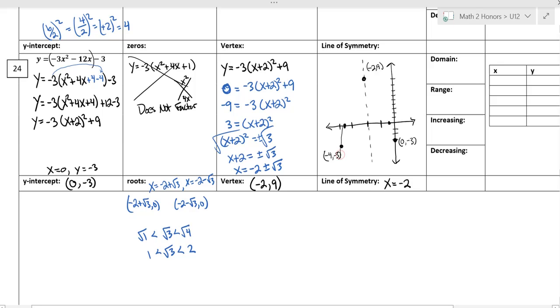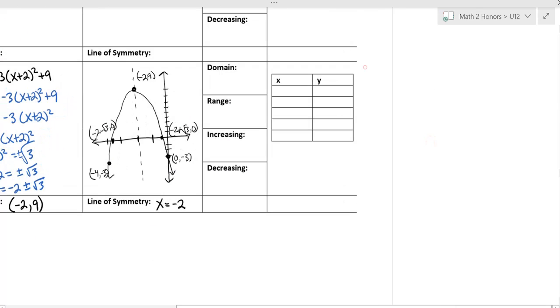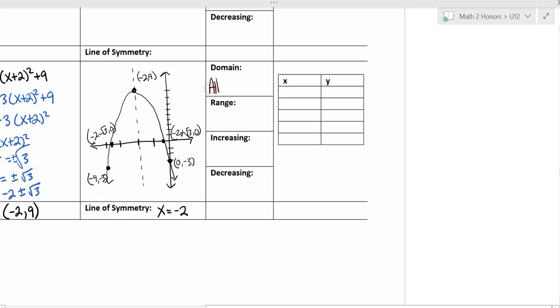And so we got our parabola shape here. I'll label those points. So we got negative 2 minus root 3 and negative 2 plus root 3. Got my graph. Domains, all real numbers.